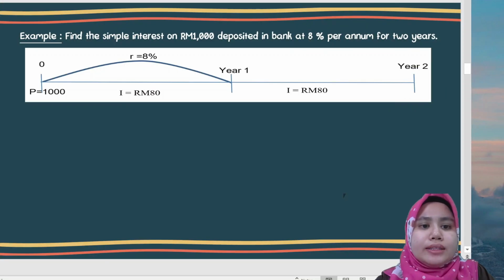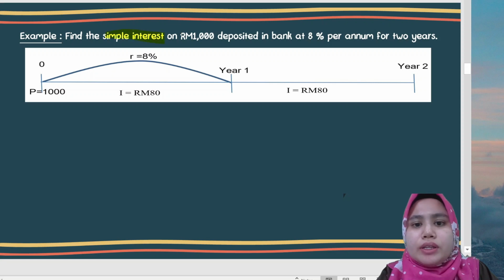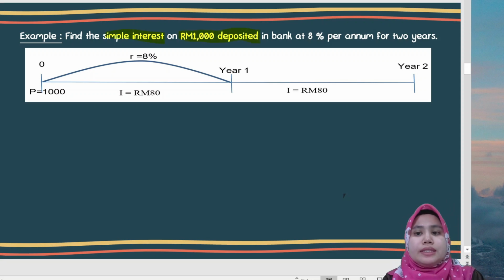Let's look at our example. Find the simple interest on an RM1,000 deposit in a bank at 8% per annum for 2 years.